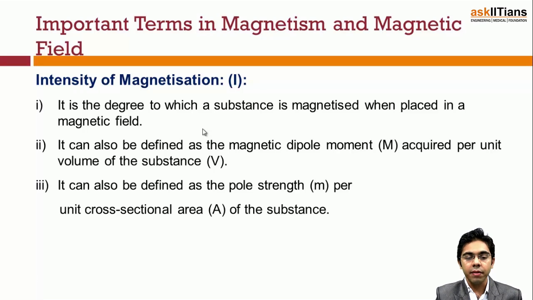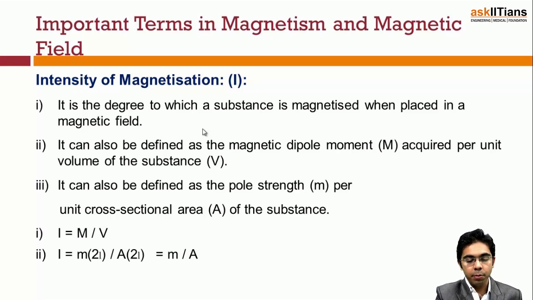Let's look at how we can define this. If we take the first one, I is equal to M by V. Now if we take the second one, we know that the magnetic length is 2L. So the magnetic dipole moment can be written as pole strength into 2L. Divided by volume, which can be written as area into length, so area into 2L. Therefore this comes out to be pole strength per unit area.